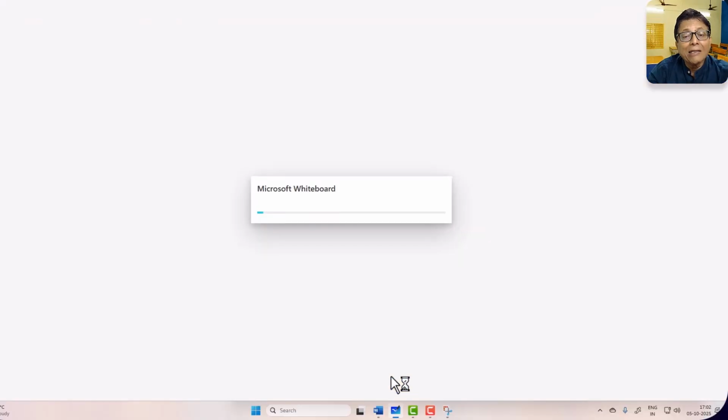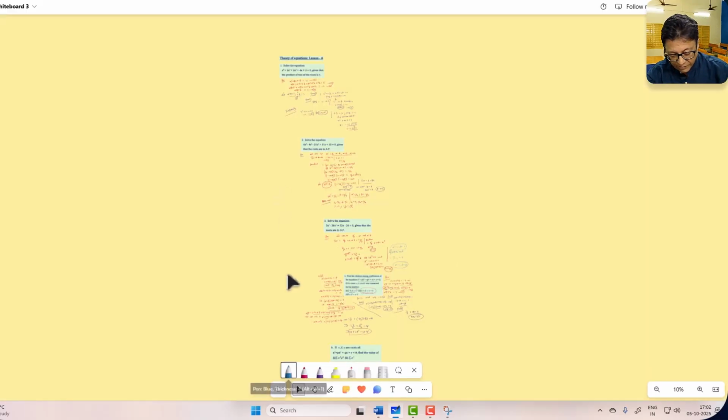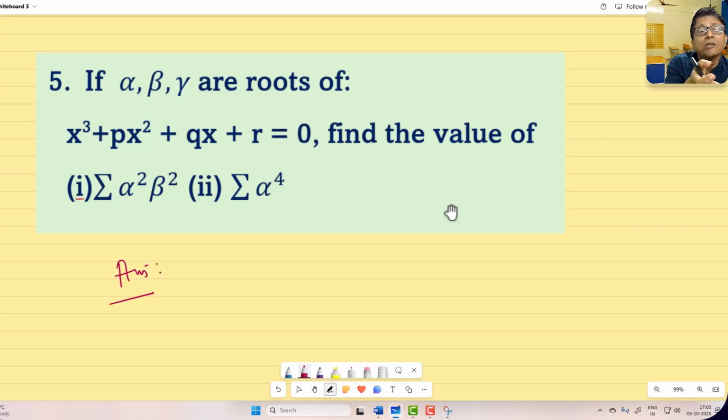Okay. Let us practice a sum of this kind, where they have asked you to find the value of sigma alpha square beta square. Last session I promised you that we will be solving a few sums of this form also.